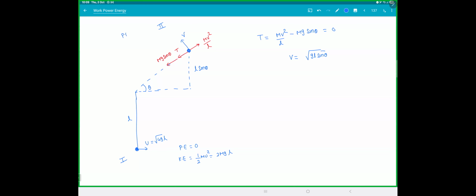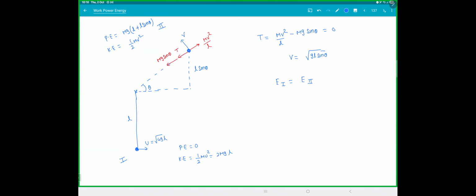State 2, potential energy will be mg times L plus L sine theta. That is your height from the ground level. Kinetic energy, half mv square. Since work done by external force is 0, tension is there, but it is always perpendicular to displacement, so work done is 0. Energy in state 1 is equal to energy in state 2.